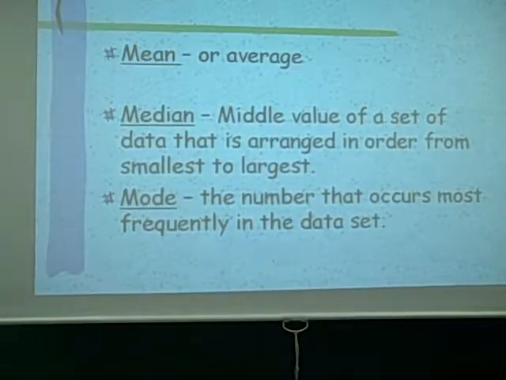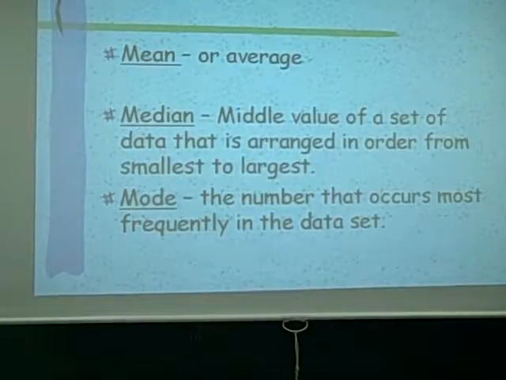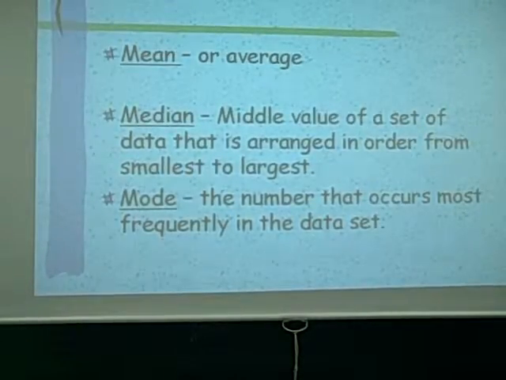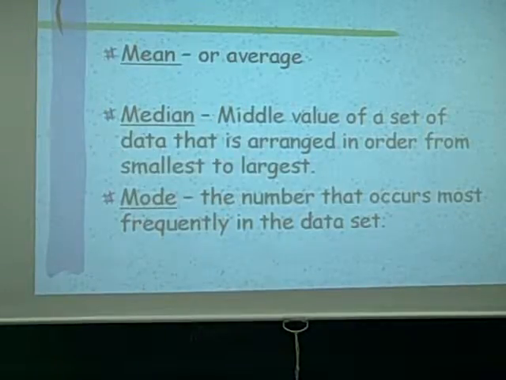Then we can see what our median is by counting how many to the left and how many to the right, and the data in the middle is our median. Kind of like the median in a highway, which is the middle of the highway. So we can think of the median in our data as the middle of the data.